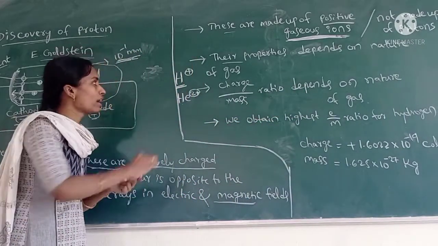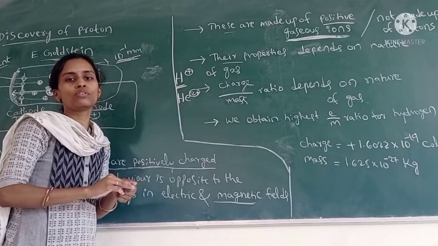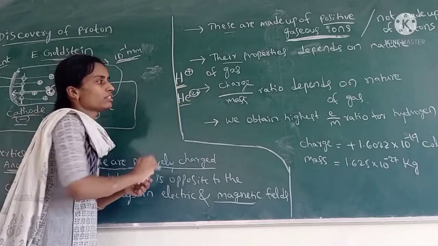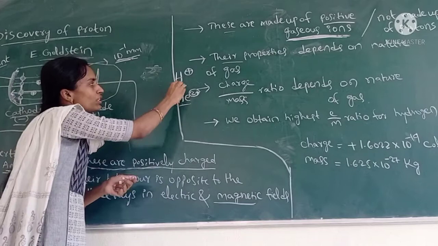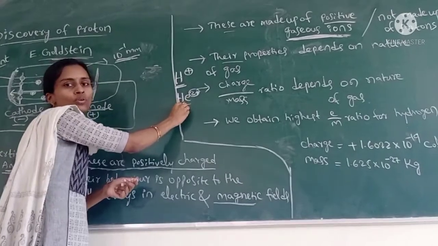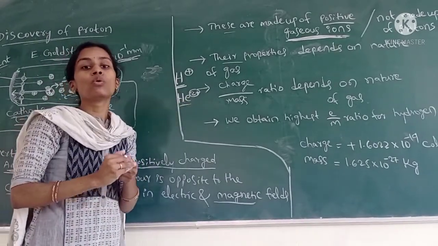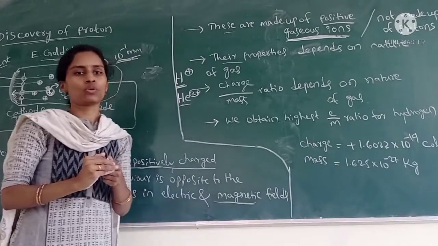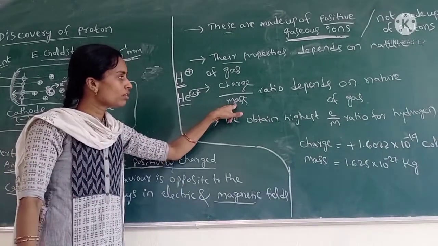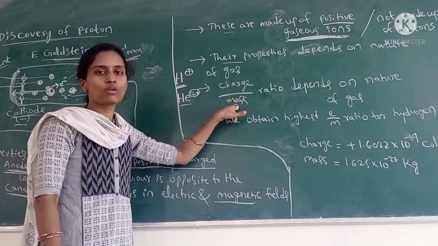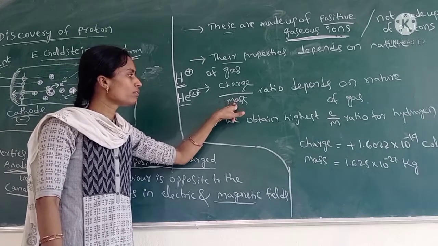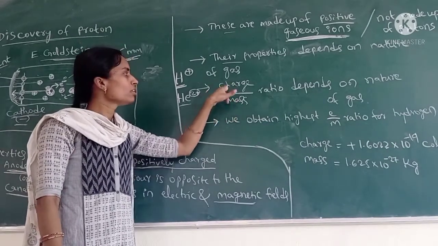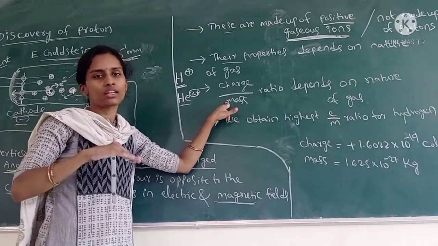If you take hydrogen gas, the e/m value is different, and if you take helium gas, it is different. Which contains more e/m ratio? The lighter gas will have more charge by mass ratio, because mass is in the denominator. If mass increases, the e/m value decreases.